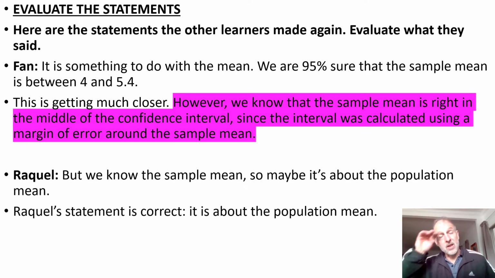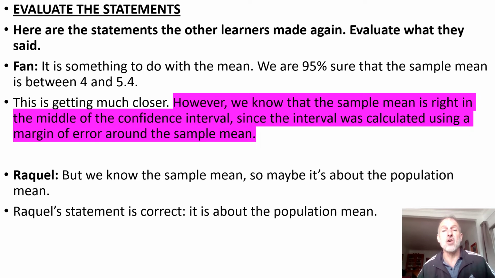Okay, people, in this conversation, Fan and Rachel basically talked about the same thing, so I'm just going to evaluate it in one. Fan: it is something to do with the mean. We are 95% sure that the sample mean is between 4 and 5.4. People, this is getting closer.